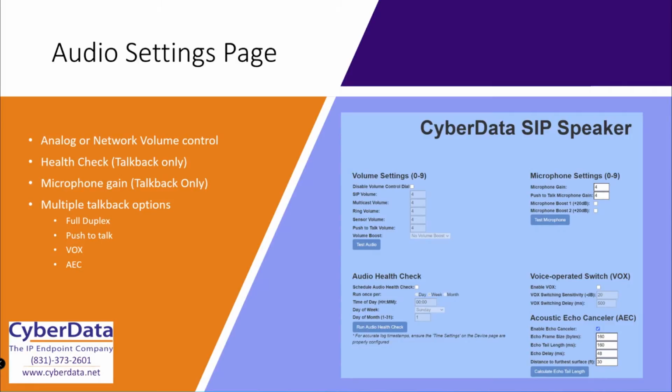So that way you get a little bit of flexibility depending on what environment you're going to be using the microphone in. We've of course got a boost capability as well. If you're dealing with a larger area and you really want to have a sensitive microphone, you can boost it either 1 or 2 times for a total boost of 40 decibels, which makes that microphone real sensitive. You could probably hear a pin drop with that thing.